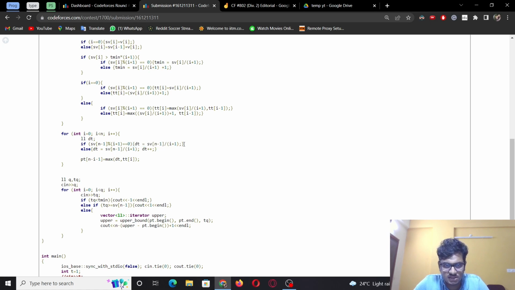As you can see, this is the time taken to fill all the locks by I pipes. SV of n will be the sum of all the n elements. So that's essentially our sigma vi as we had shown in the Jamboard. And we are dividing that by the number of pipes that are open to get dt. And the max of these two will be the minimum time it takes to fill with that many pipes.